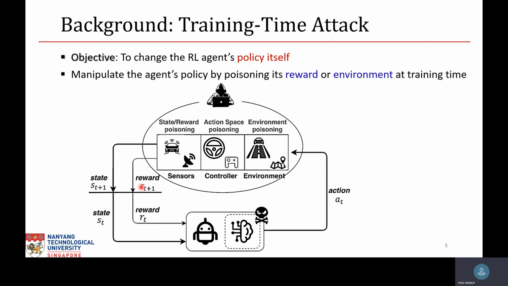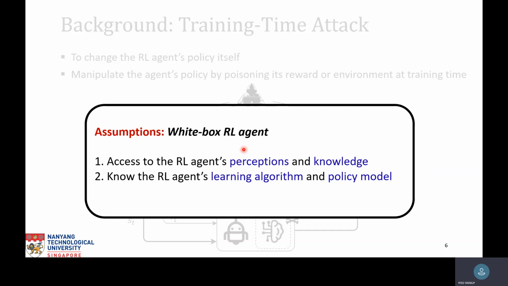In the existing work, the attacker generally changes the reward signal between the agent and the environment, and some work chooses to manipulate how the environment responds to the agent's specific action. Because the attacker needs to interfere with the agent's learning process and drive it in a specific direction, in most work the RL agent is assumed to be a white box.